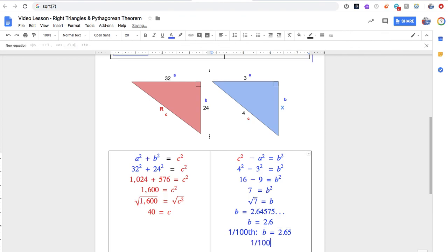Finally, if I said to the nearest thousandth, we would have to say that b is equal to 2.646. The reason for that, nearest thousandth is 3 decimal places, 645, but I got to round up to 646 because this 7 is big.